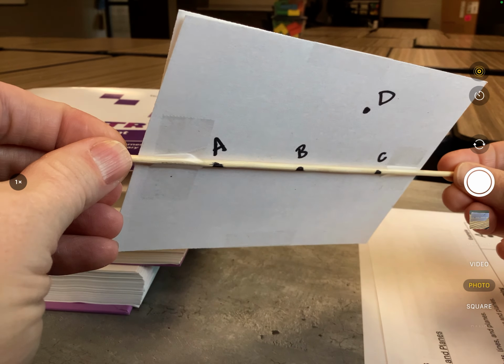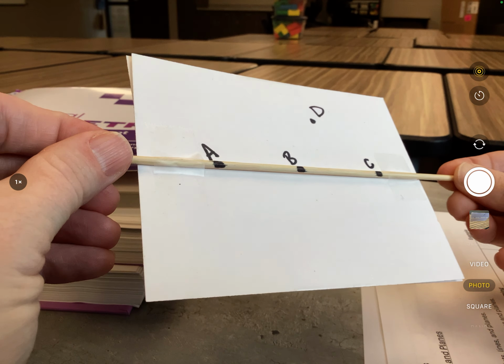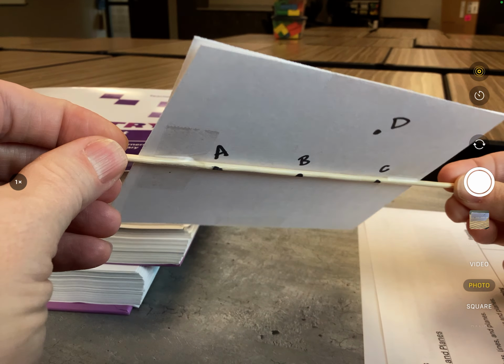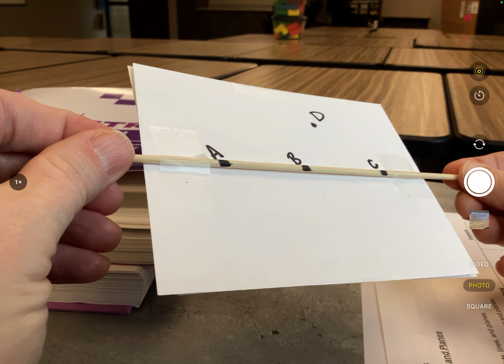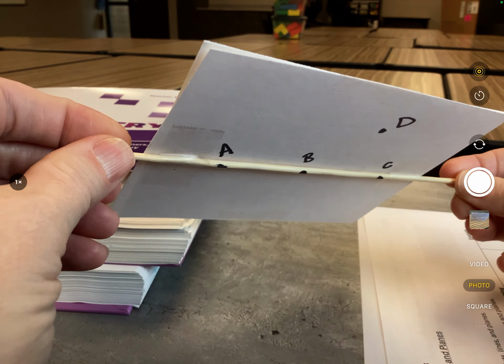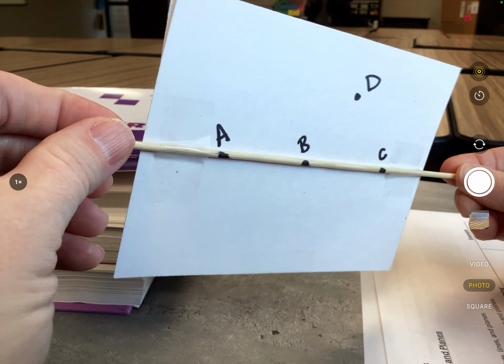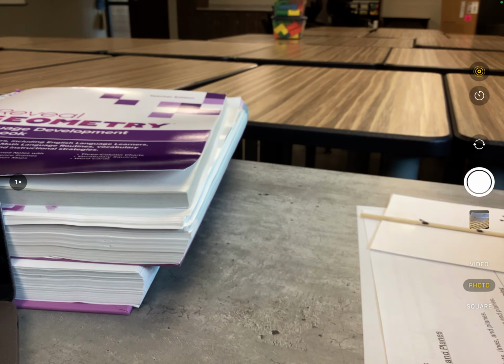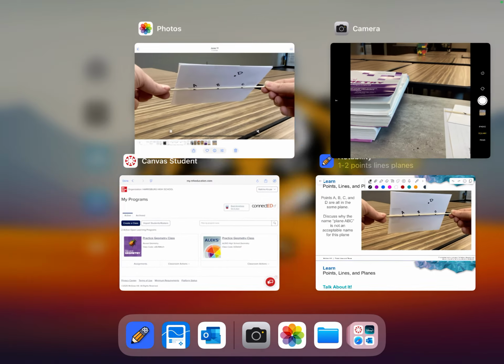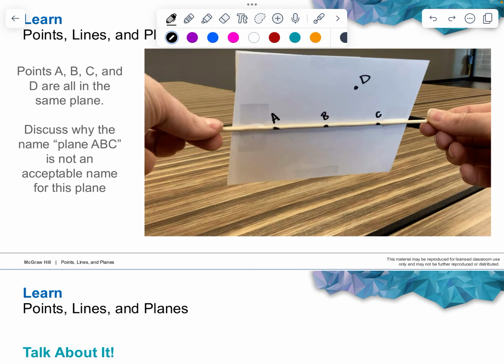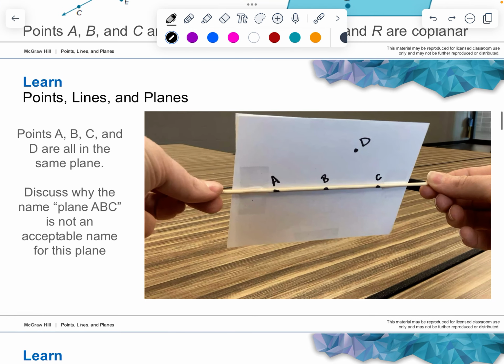So tell me why plane ABC is not a good name for this plane. Go ahead and pause and think about it for a second, because I'm going to give you the answer, but pause and think about it. Okay.